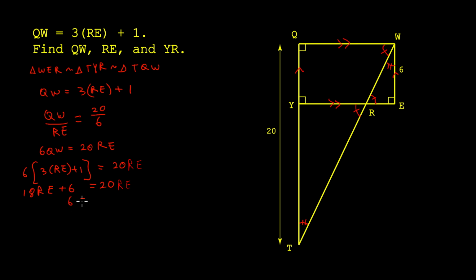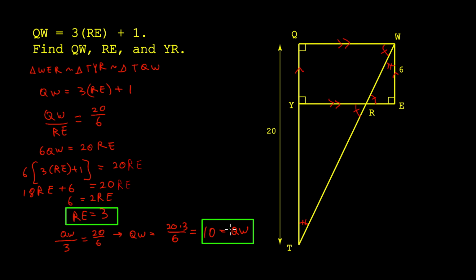From there, 6 equals 2 RE, and then RE equals 3. Now plugging back in, we've got QW over 3 equals 20 over 6. So then QW equals 20 times 3 over 6. And then 20 times 3 is 60, over 6 is 10, equals QW.